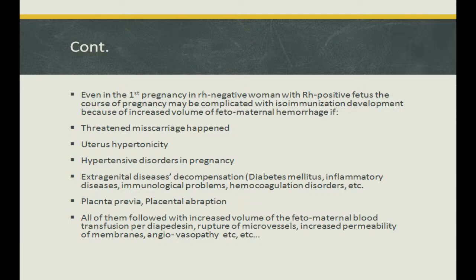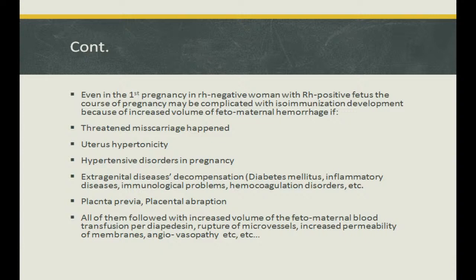The next is uterine hypertonicity. Again and again throughout the pregnancy, the uterus presents a hypertonic condition. We are doing ultrasound control and objective exam. Hypertonicity of the uterus and increased irritability is the same reason which leads to entrance of small amounts of blood into the maternal organism and development of antibodies.